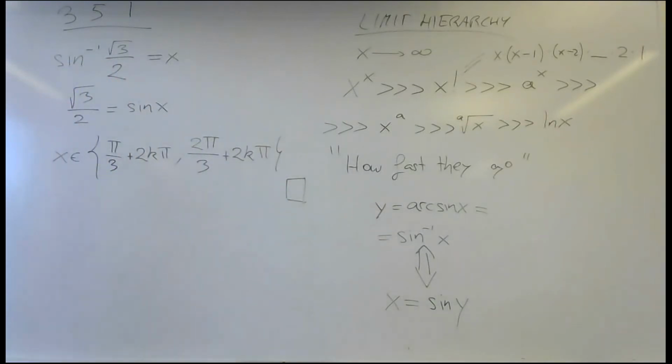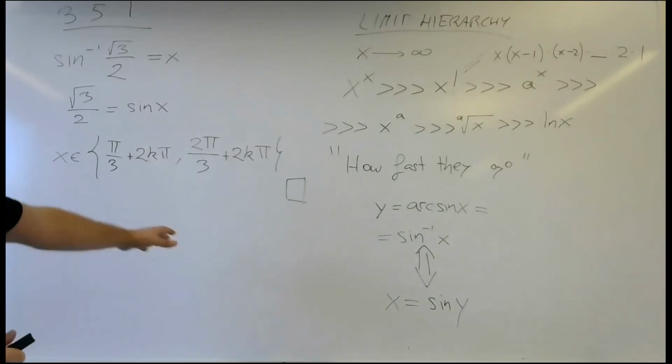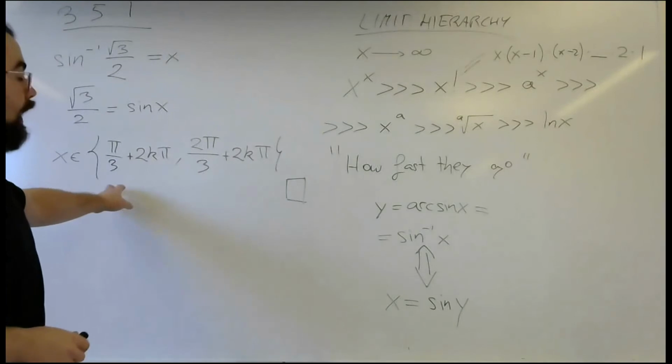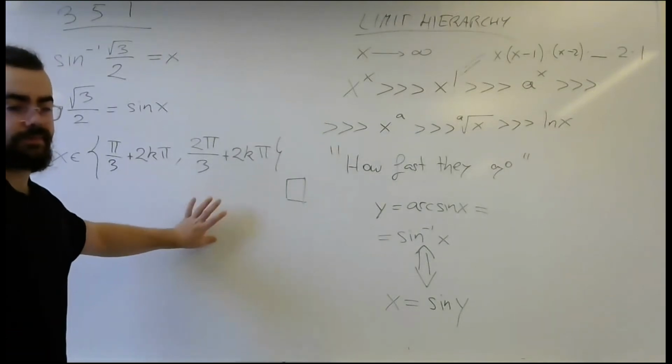So this is the solution to this equation. When you're talking about sine, cosine, tangents, and all that, you always have to consider that you'll probably have an infinite family of solutions, and sometimes even more than one.